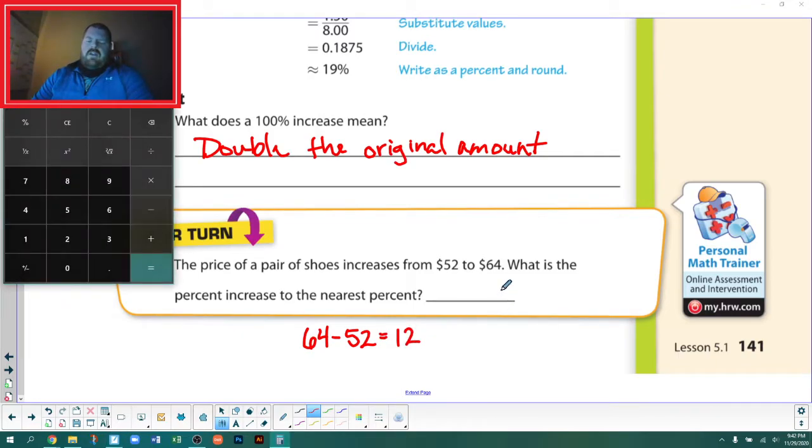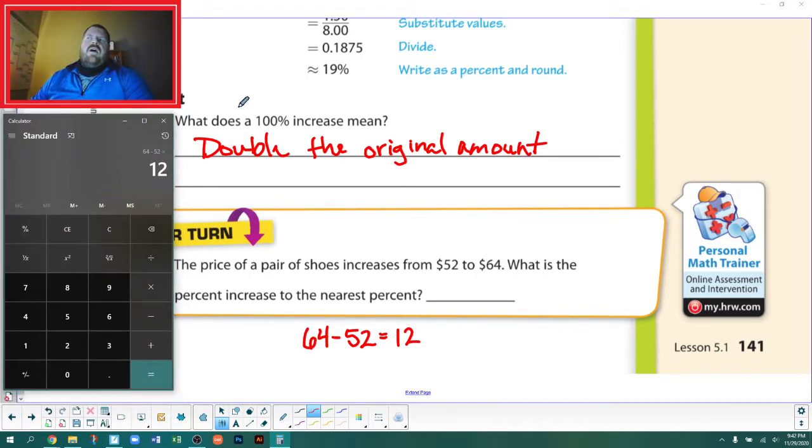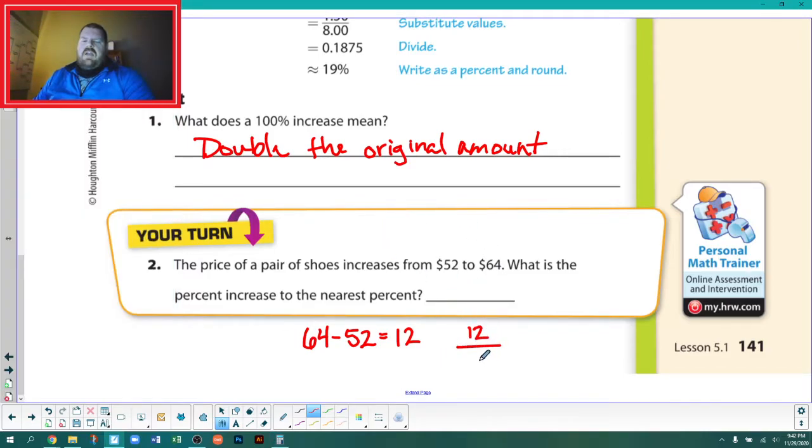Sometimes I even find it helpful just to check that. Now, the beauty of using a calculator like this is that now that I have that, that's going to be my numerator in my next step. To find our percent increase, we're going to take our 12 and divide it by our 52, the original amount. Sorry, 52, not 64.